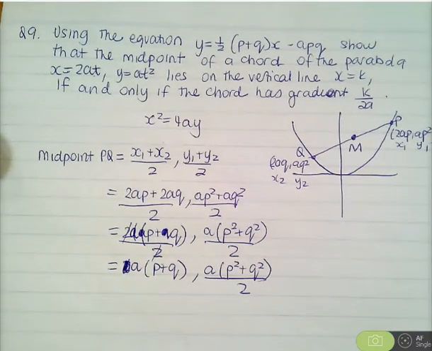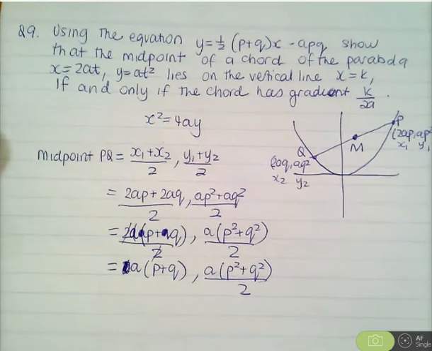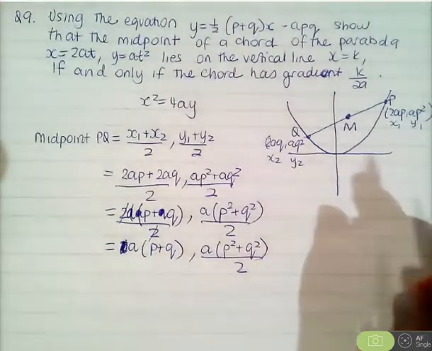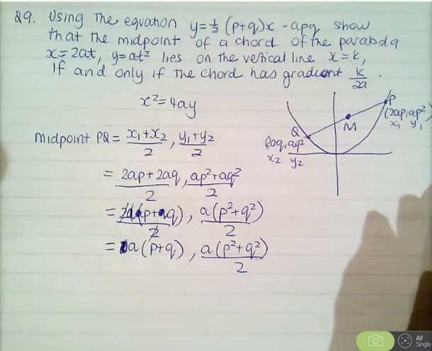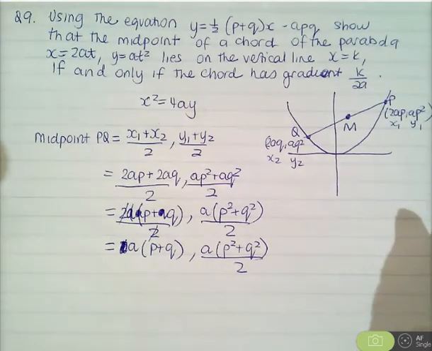Now it says, using that equation, show that the midpoint of a chord of the parabola x equals 2at, y equals at squared, lies on the vertical line x equals k, if and only if the chord has gradient k over 2a.